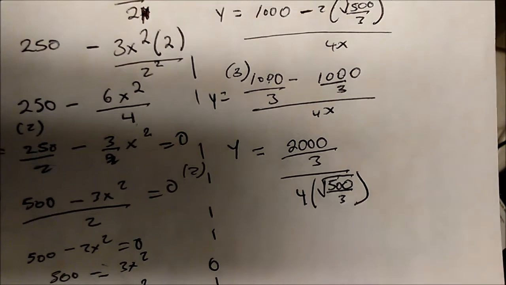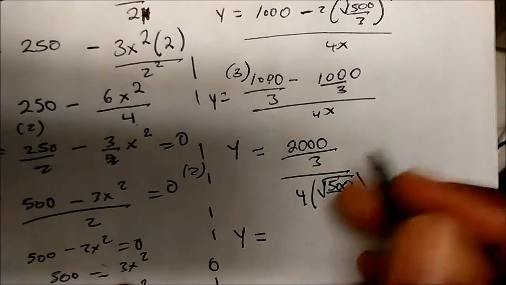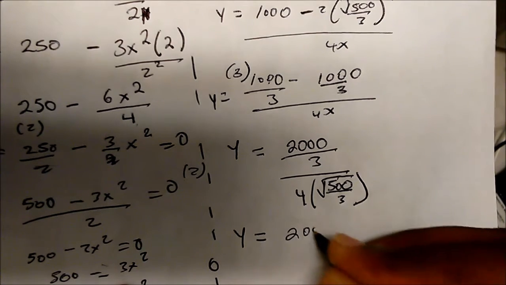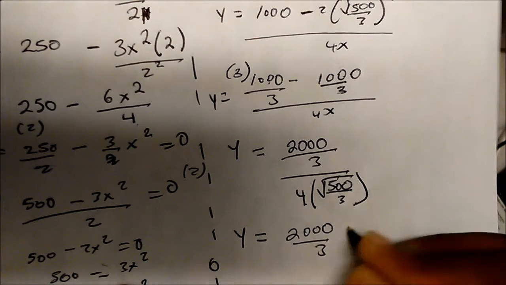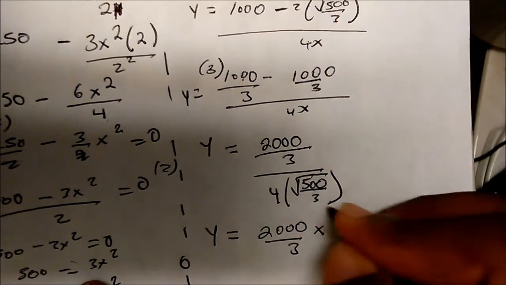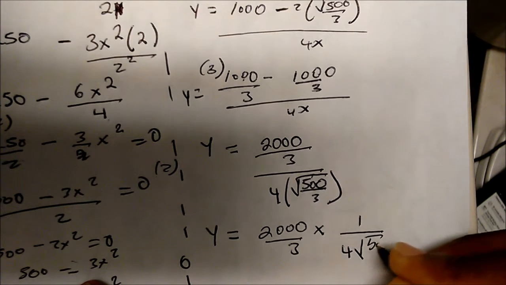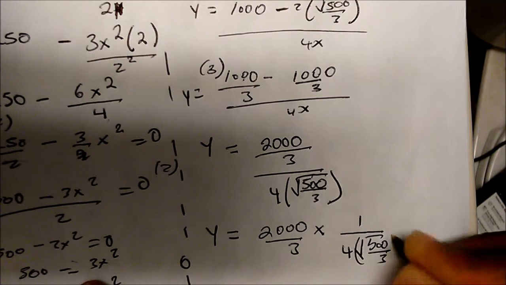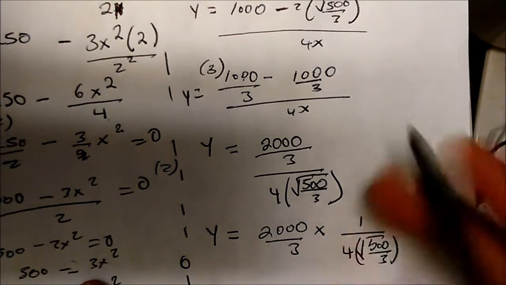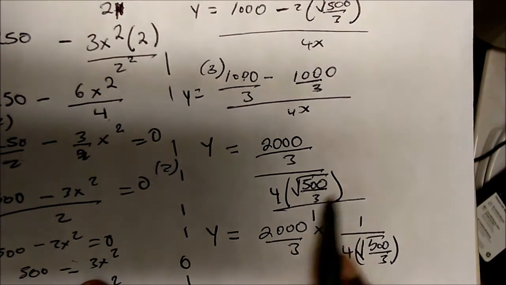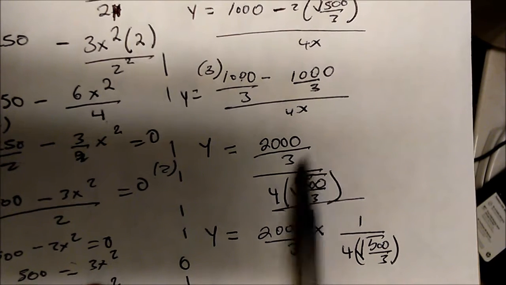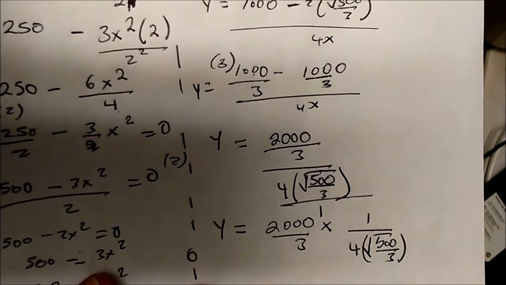Again, these will multiply. Right, so really what I have is y is going to be equal to 2000 over 3 multiplied by 1 over 4 times the square root of 500 divided by 3. All right, because remember this number is all over 1. And when we're dividing fractions, all we do is flip and multiply.